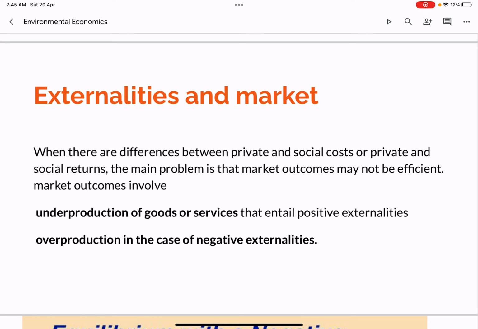It underproduces the goods and services which are desirable, whereas it overproduces the goods which are not desirable from the environmental angle or from the social angle, right? So how do we take care of these externalities, right?